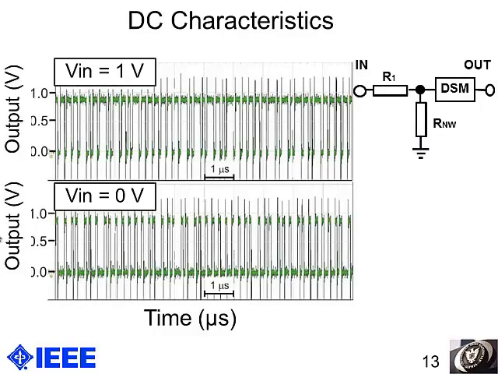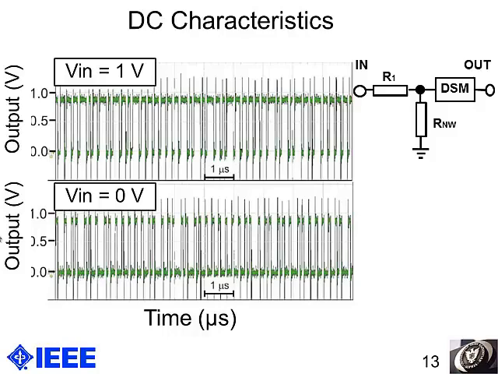This slide shows typical output waveforms obtained from the chip after the indium arsenide nanowire deposition. The top waveform is for an input voltage of 1 volt, and the bottom one is for an input voltage of 0 volt. As you can see, the pulse density is higher for high input voltage than for low input voltage.